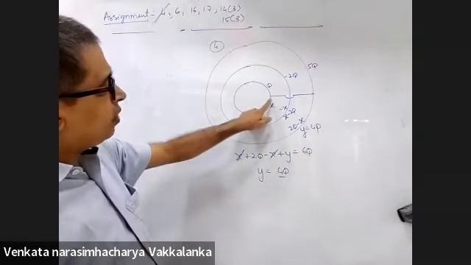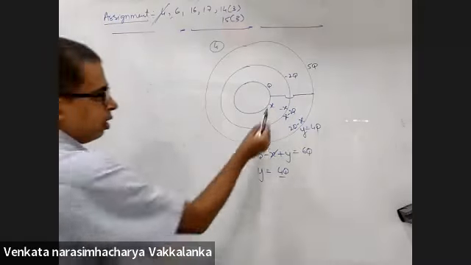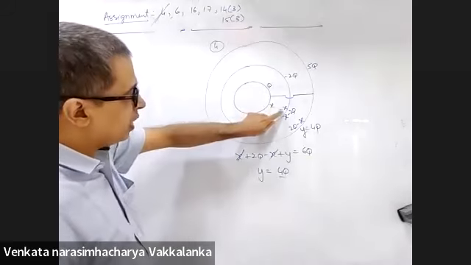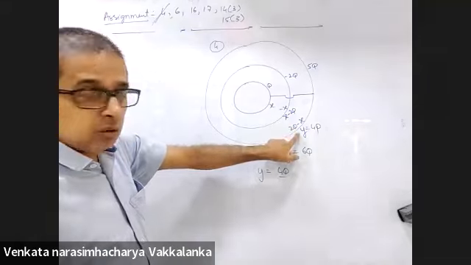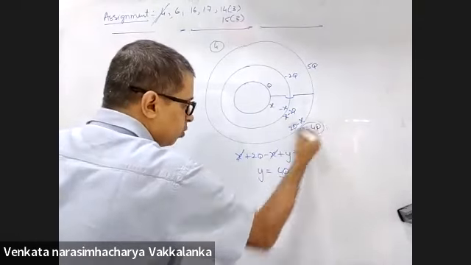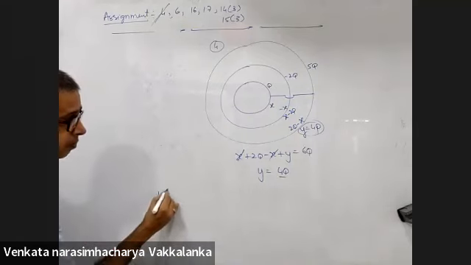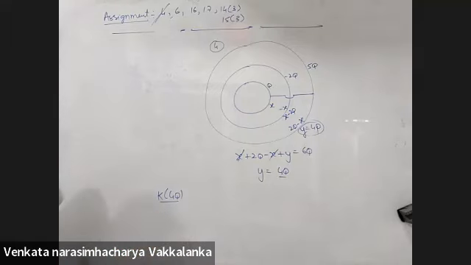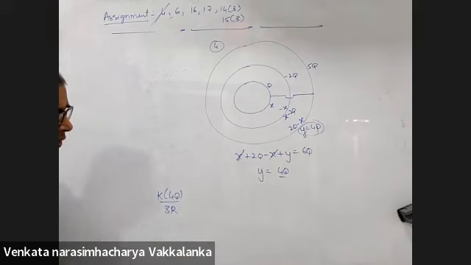Now, due to all of them, the potential on the inner shell should be equal to the potential on the outer shell. Potential on the outer shell is quite easy to calculate, because X and minus X will cancel out everywhere outside, and these two will also cancel out. So I am left with only this: K 4Q by 3R.